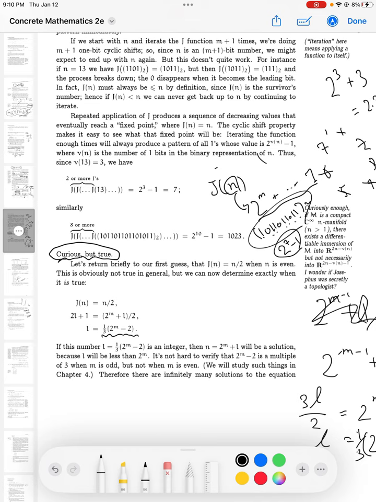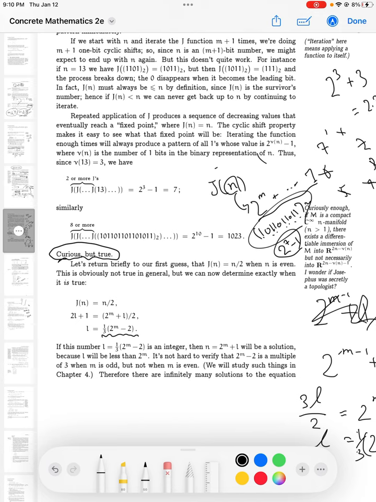If this number l is an integer, then n will be a solution because l will be less than 2 to the power of m. That's exactly right, because we're subtracting some number from 2 to the power of m. So it's not hard to verify that 2 to the power of m minus 2 is a multiple of 3 when m is odd.